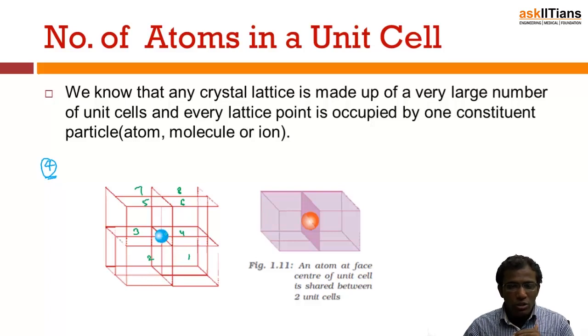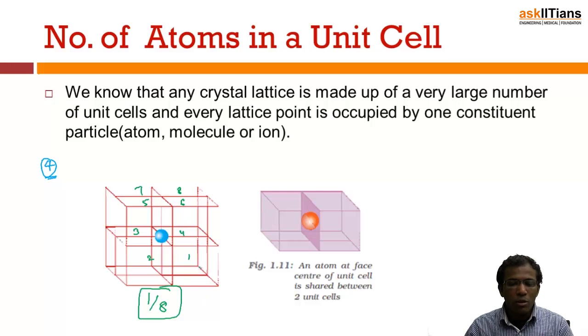So how much of this particle belongs to one particular unit cell? One particle belongs to 8, so only 1/8 part belongs to one particular unit cell. So its contribution to one particular unit cell is 1/8. This is what you need to understand. 1/8 means that the particle is equally shared by 8 unit cells, and only 1/8 part belongs to one particular unit cell.